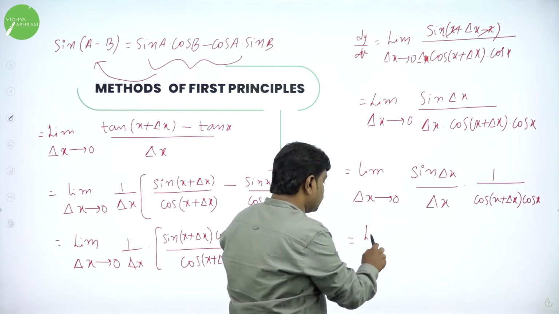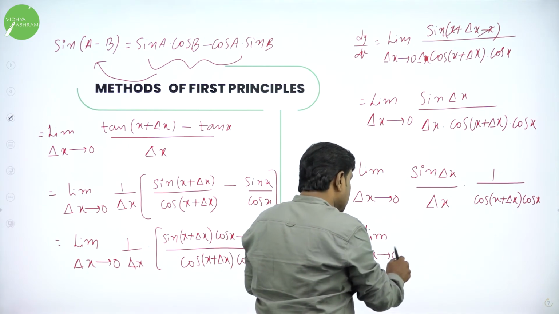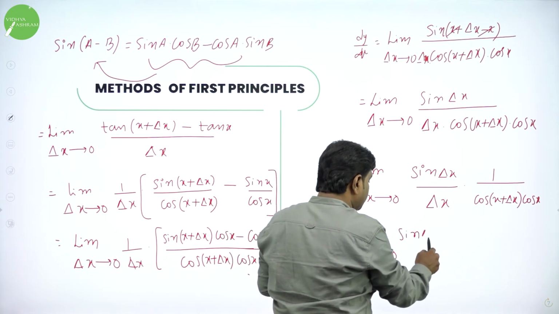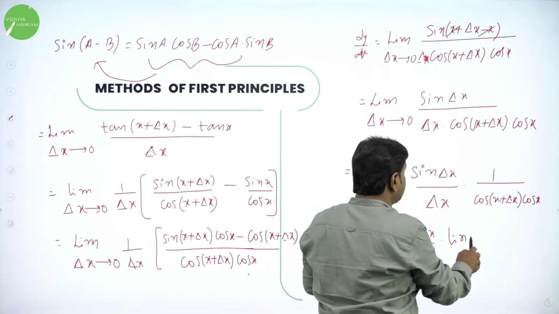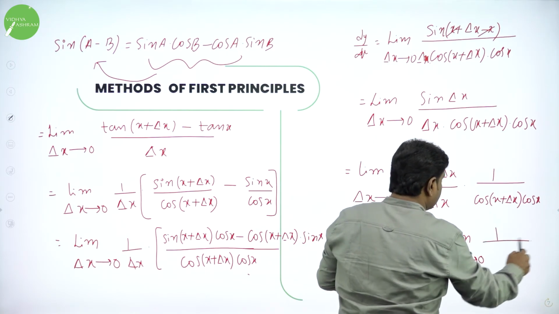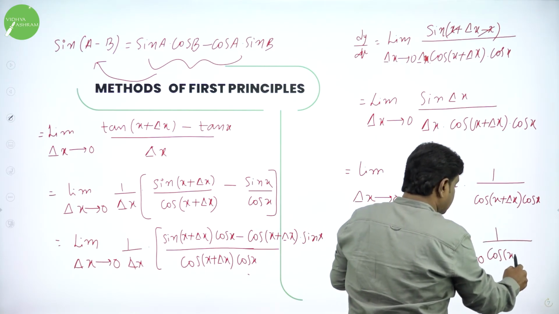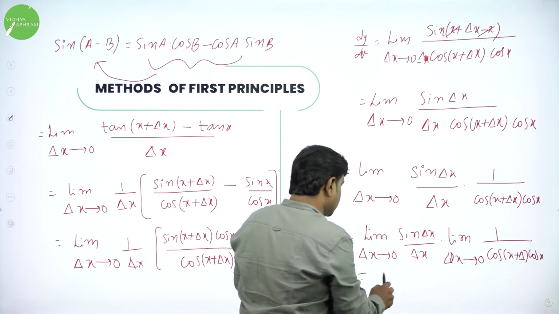So, then it will become limit delta x tends to 0 sin delta x divided by delta x separately, and limit delta x tends to 0, 1 by cos of x plus delta x into cos x separately. So, all of you know sin theta by theta is what? 1.